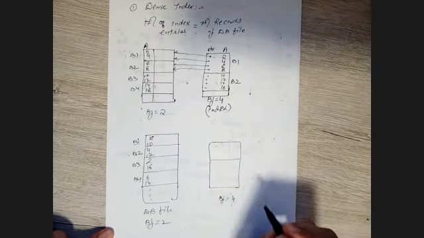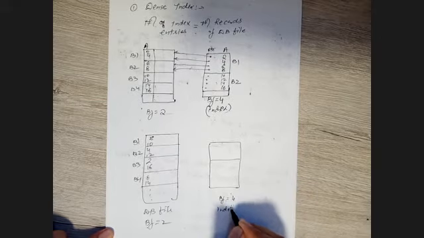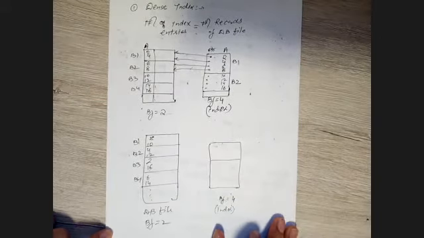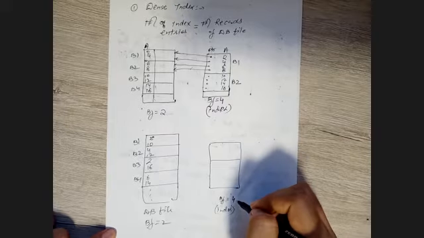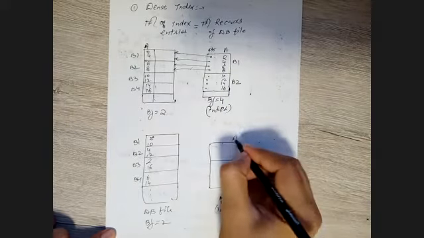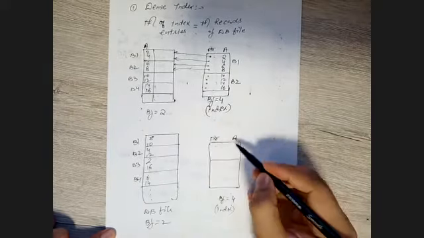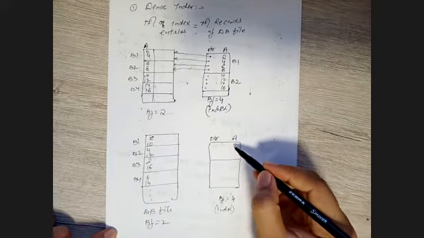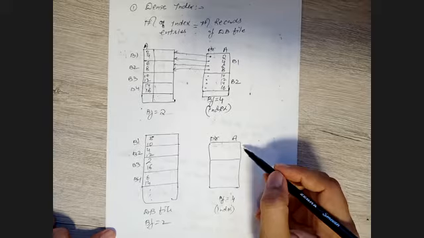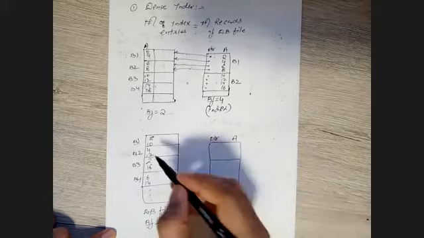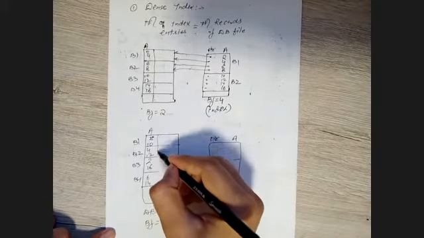So this one is for the index file, right? We can have 4 records over here, in this way. But as I told you, the entries in this one will be ordered only. We cannot have unordered field values in the index file, but here we have unordered values, right?